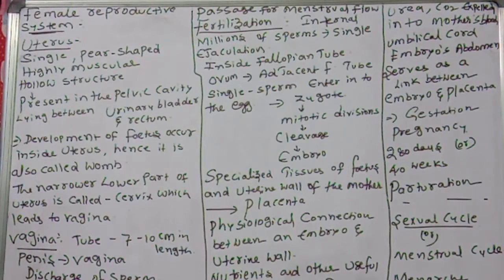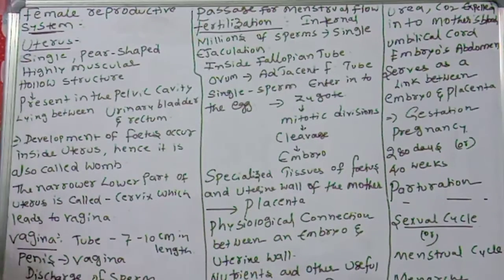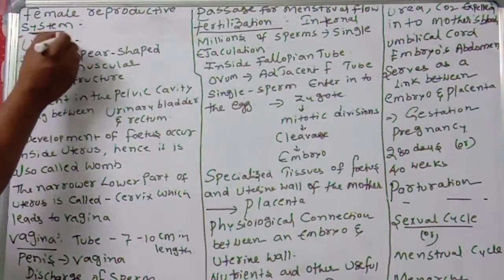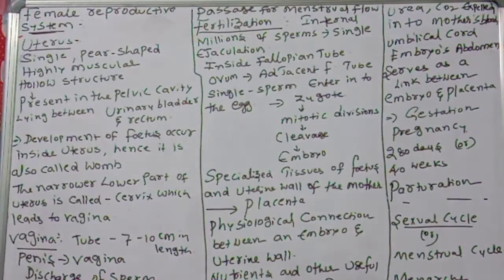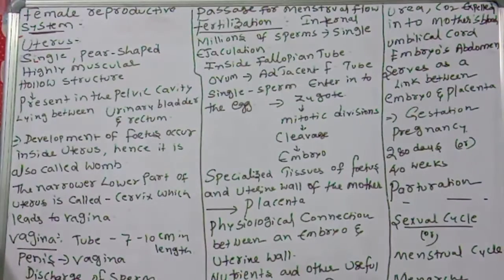From this class, we are going to discuss the female reproductive system, especially the uterus. The uterus is a single, pear-shaped, highly muscular, hollow structure.